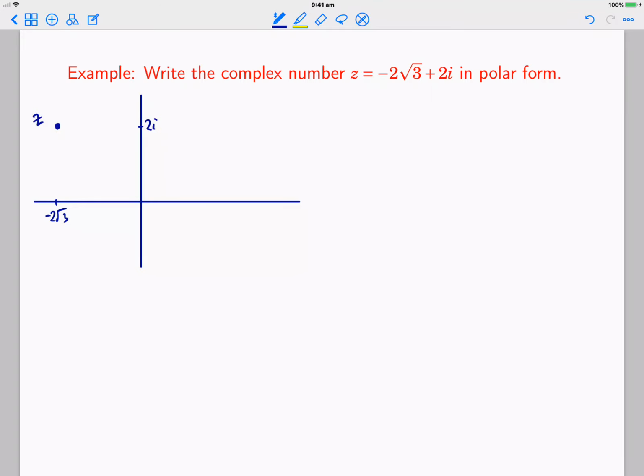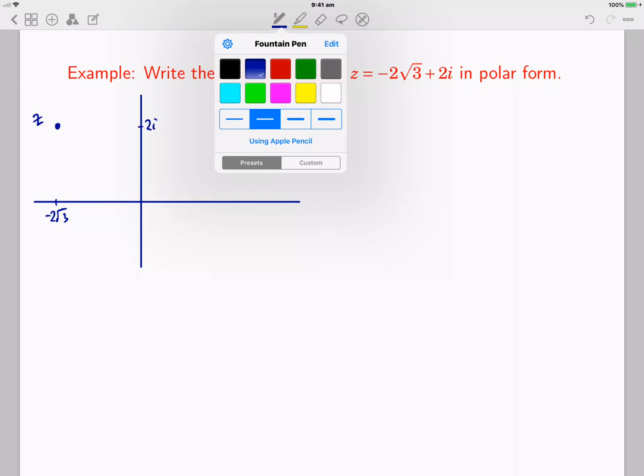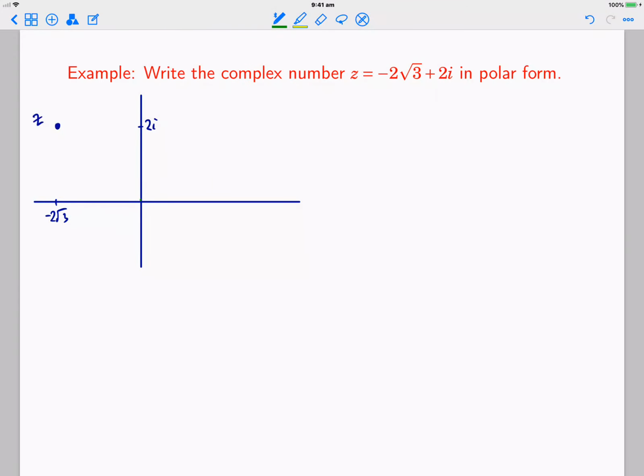Let me change color one sec. I want to figure out this distance, so let's call this r. And I also want to figure out this angle. Notice with theta, it's always measured from the positive real axis, okay?